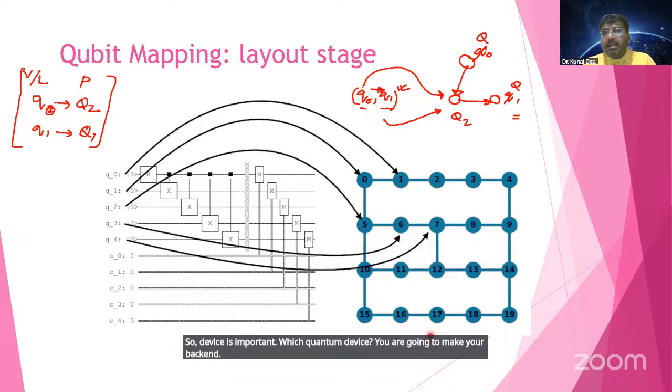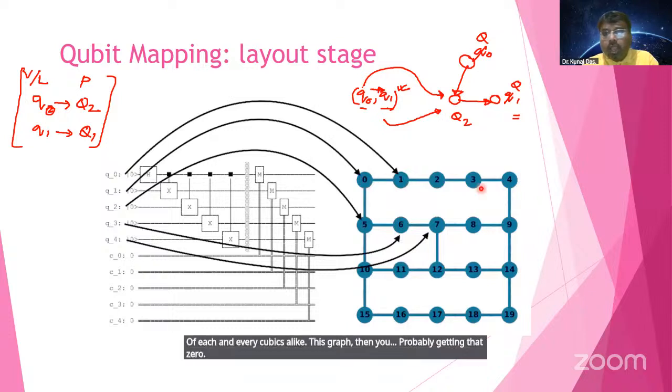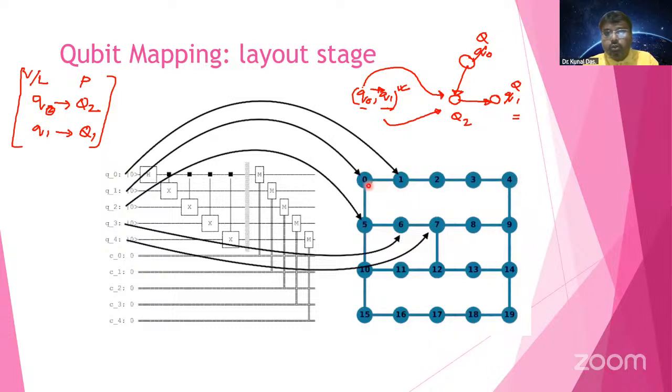If your backend is like this device graph, with the mapping of each and every qubit like this graph, then you will see that 0 and 4 are of the same degree. Their degree is 2, and for 1 and 2 the degree is 3.